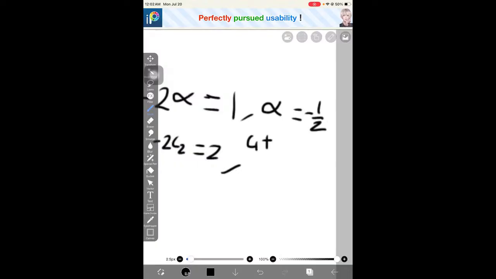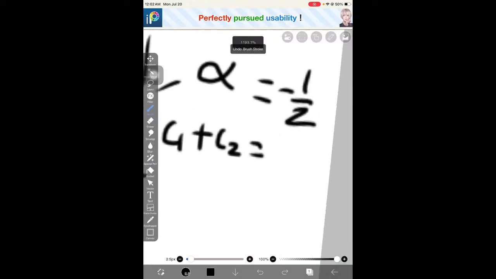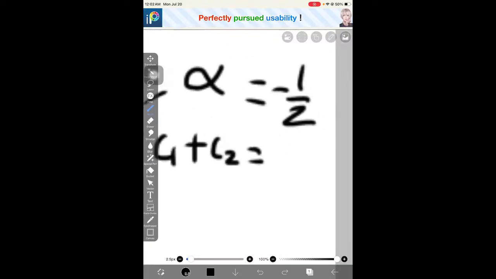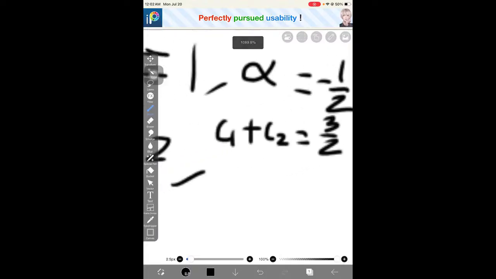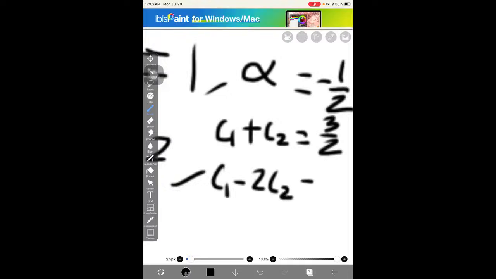So we have c sub 1 plus c sub 2 equals negative 1. Wait, what? Dude, I got tricked by that. Alpha, that's my particular solution. I said 3 over 2. And then c sub 1 minus 2c sub 2 equals 2. Is this a system of equations? Am I supposed to solve this?